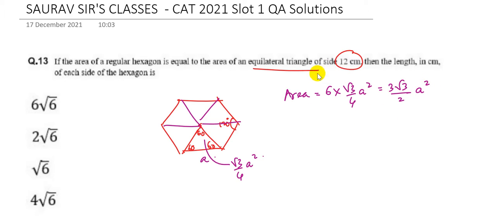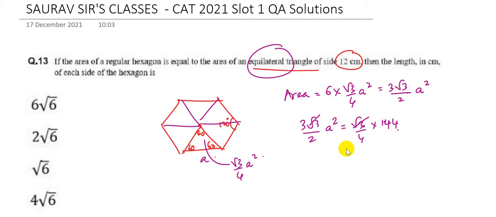And this is equal to the area of an equilateral triangle of side 12 centimeters. So that means 3 root 3 by 2 A square is root 3 by 4 into 12 square or 144.